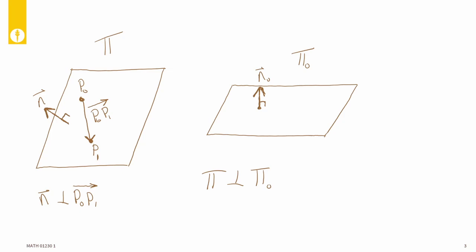What does that tell us? That the normal vector for pi is orthogonal to the normal vector for pi naught. Those two normal vectors have to be orthogonal.